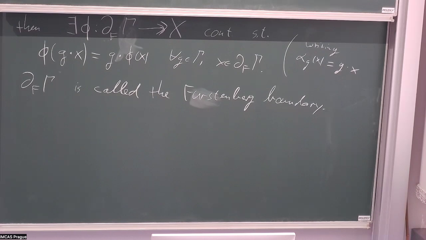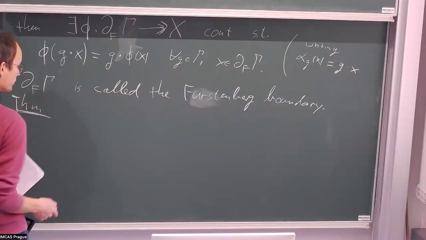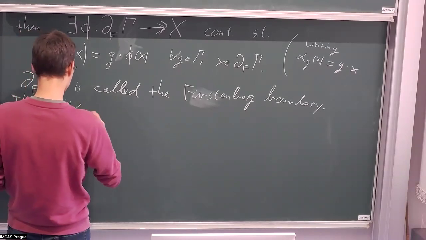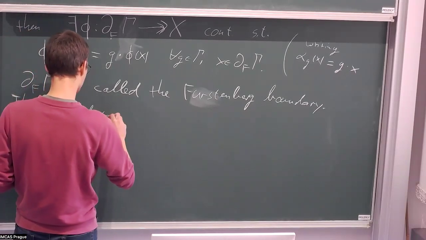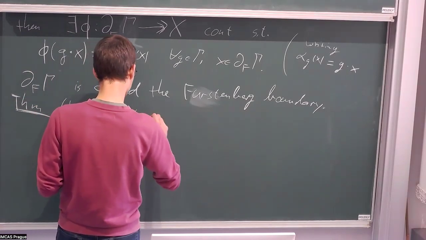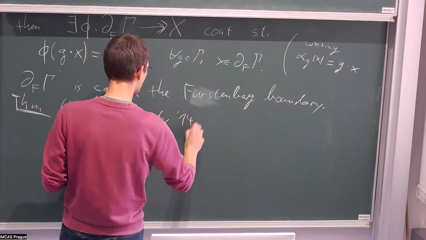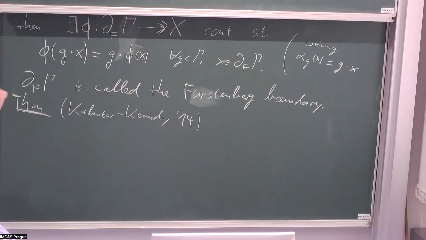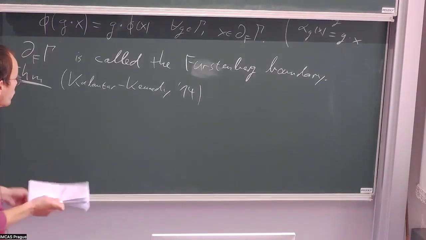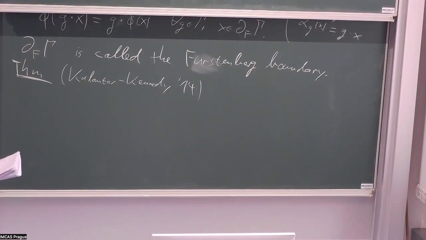Okay, so. Thanks. Okay. And now why did I do all of that? So I want to circle back to the group C star algebra, and that's the last thing of today. This is due to Kalantar, Meredith Kalantar, and Matthew Kennedy in 2014, which was quite a big deal because, as I said in the beginning, these group C star algebras, people have tried to understand them for a long time, and especially one thing people try to understand is their simplicity.